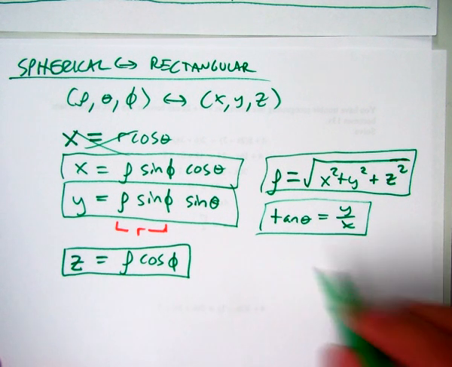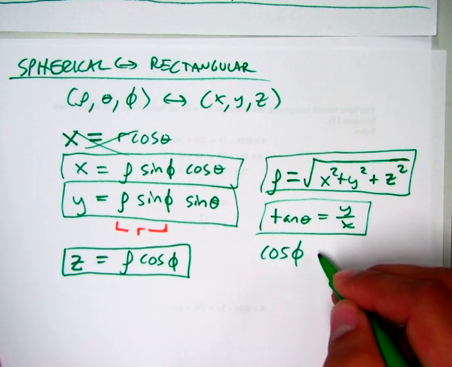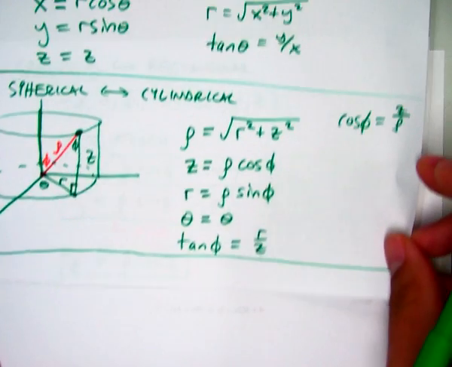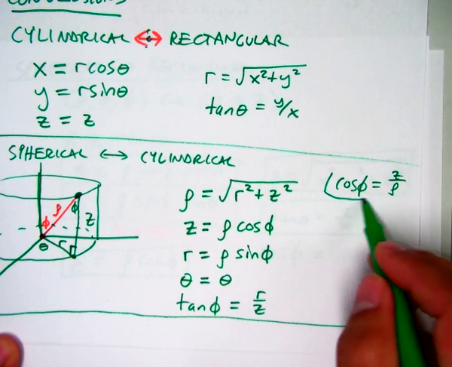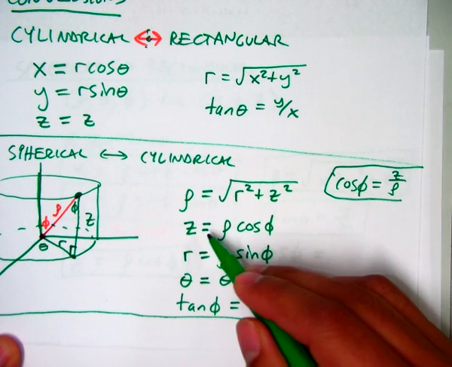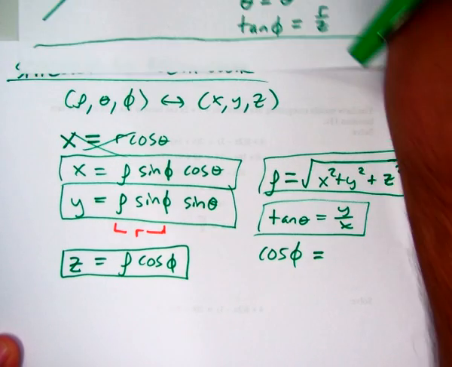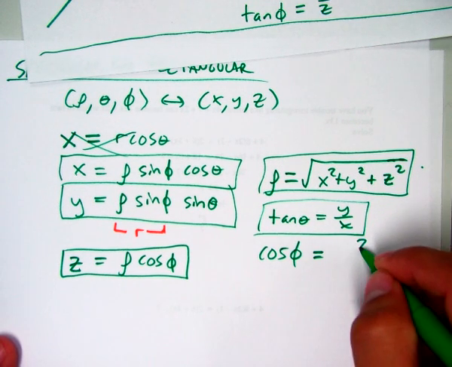But if I want to talk about the other angle phi, we have a cosine relationship. That's how we found the equation for z, right? Cosine phi is z over rho. So if I want to write cosine phi in terms of rectangular, z is good, but what's rho?